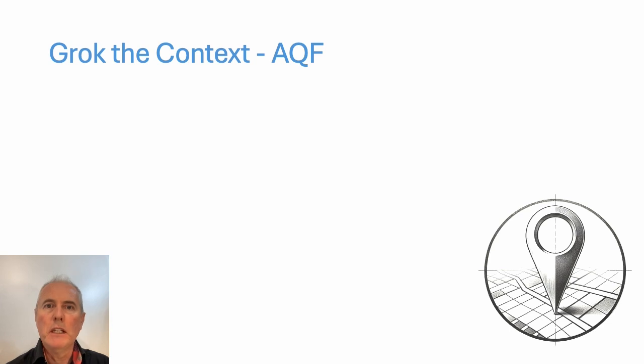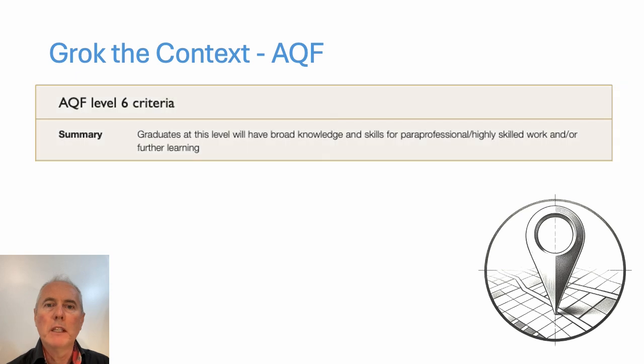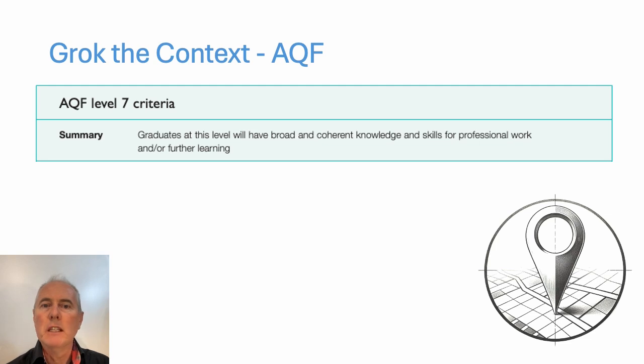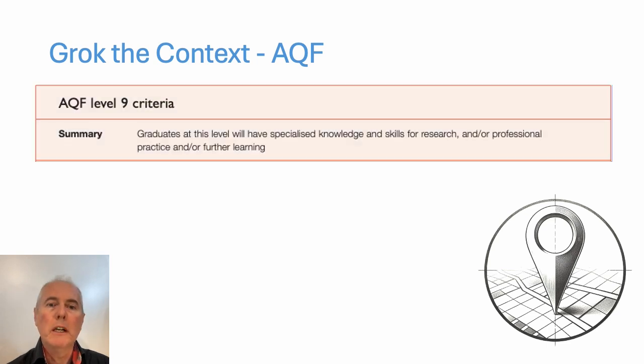The questions you need to ask are, is it an undergraduate, honours or postgraduate course? Is it scheduled for the beginning, middle or end of the program? So as a rough guide, AQF 6 is typically a first-year undergrad student. AQF 7 is any year in an undergrad program. AQF 8 sits in either an honours year or a postgrad first year. And AQF 9 is a postgraduate course.